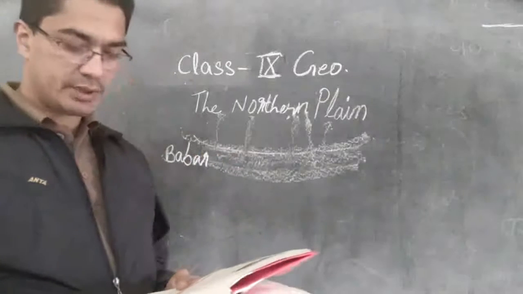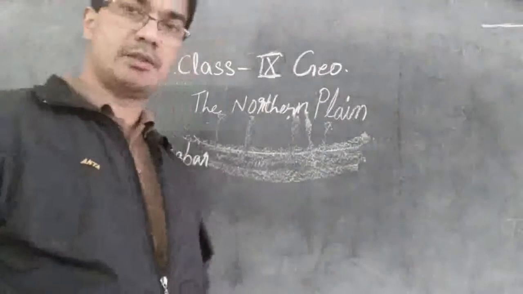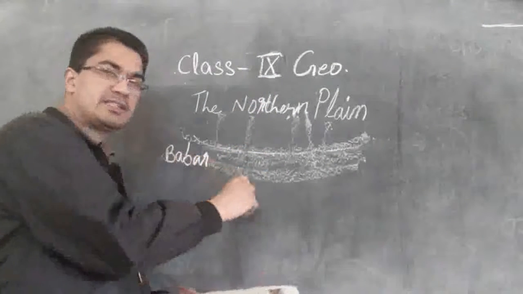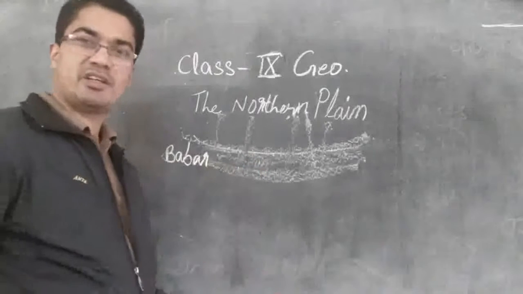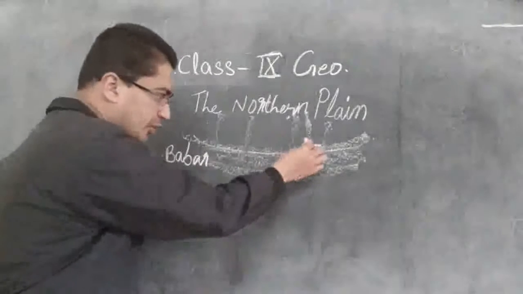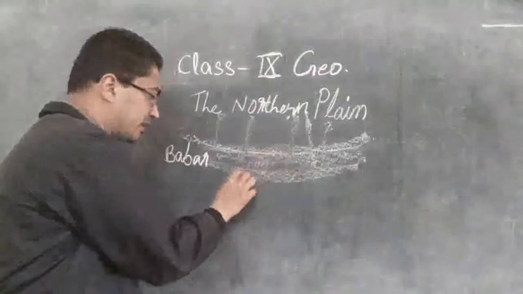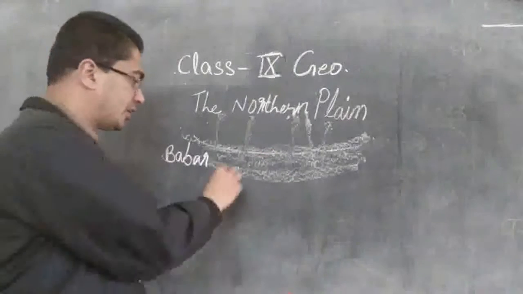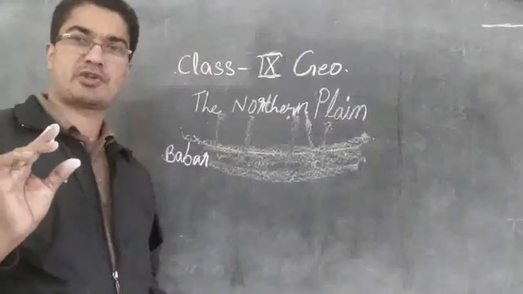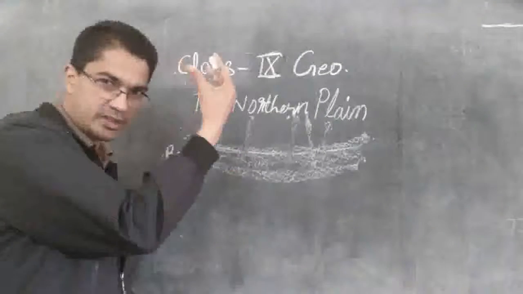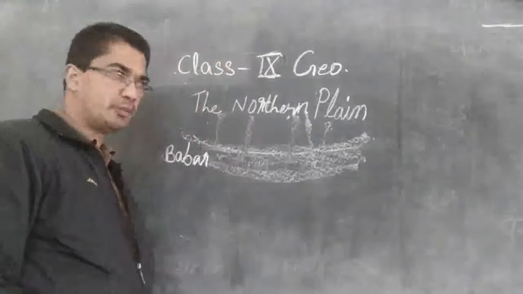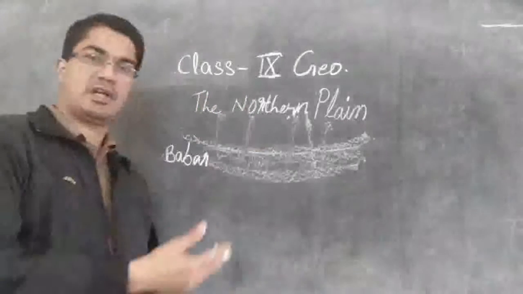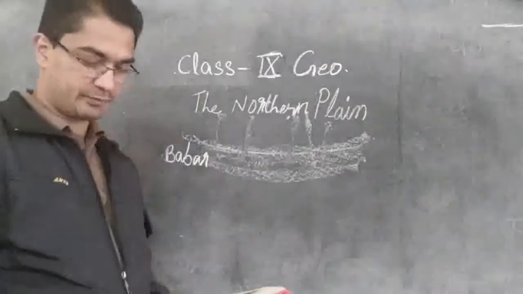And all the streams disappear in this Bhabar belt. So all the streams coming down from the top of the mountain will disappear here. Can you say why? Up to here the river can be seen, but entering into this Bhabar, the river disappears because it is full of pebbles and stones. So water will go down under the pebbles. Water will not flow on top of the pebbles.